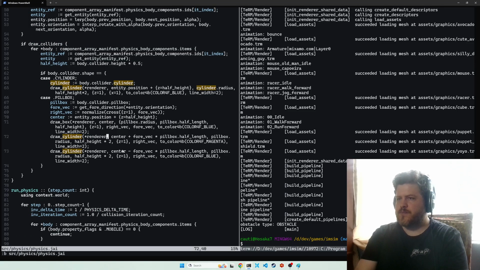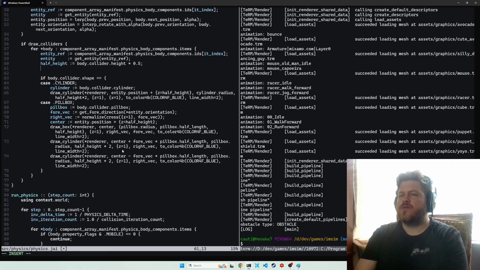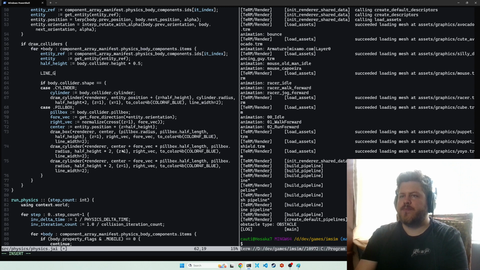Let's see. Go back to drawing that as blue. I do want to change the line thickness, though. I don't think it's quite visible enough. Say 3, maybe. Line width.